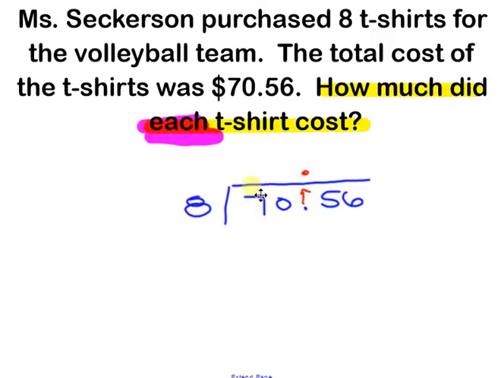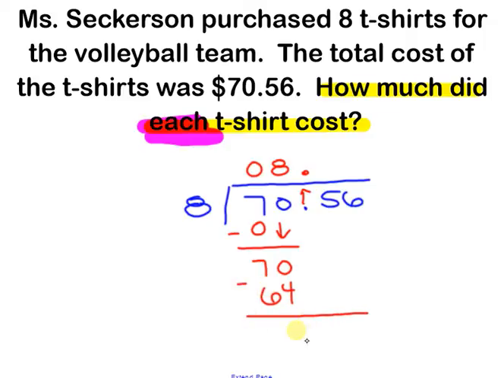So 8 goes into 7, 0 times 8 is 0. Subtract. 7 minus 0 is 7. Bring down the 0. 8 goes into 70 8 times. 8 times 8 is 64. Subtract. 70 minus 64 is 6. Bring down the 5.